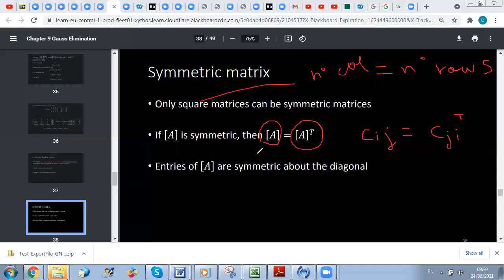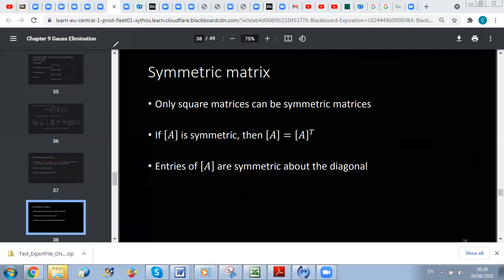Okay, so if I have a matrix, I switch rows to columns, I get the transpose of this matrix. So to have a symmetric matrix, A should be equal to its transpose. In other words, entries of A are symmetric about the diagonal. Okay, so it's very easy to verify if a matrix is symmetric or not.